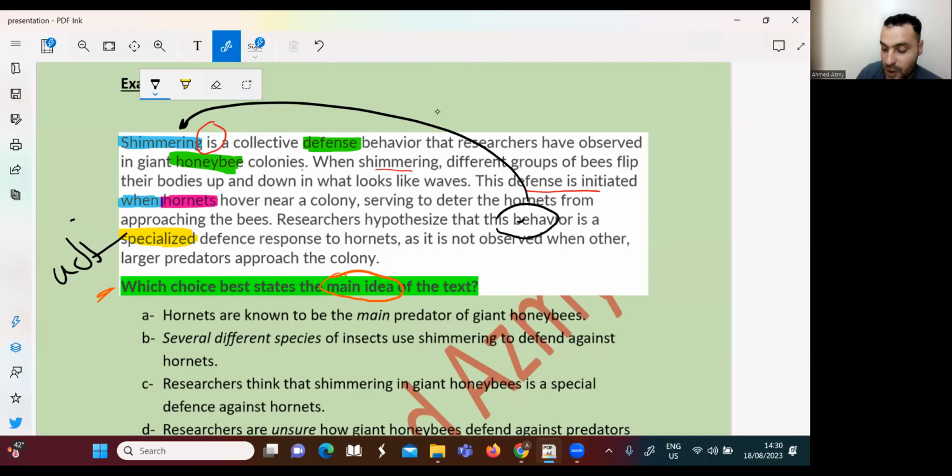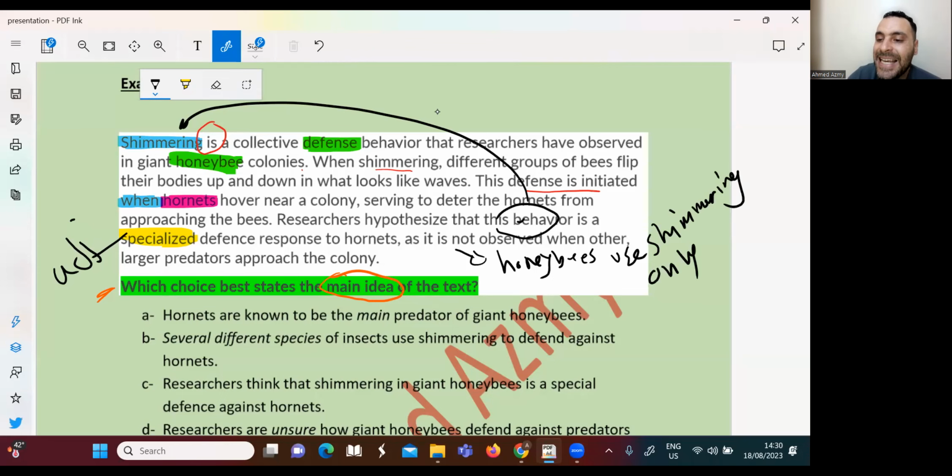Honeybees use shimmering only against hornets. Only. Bravo.